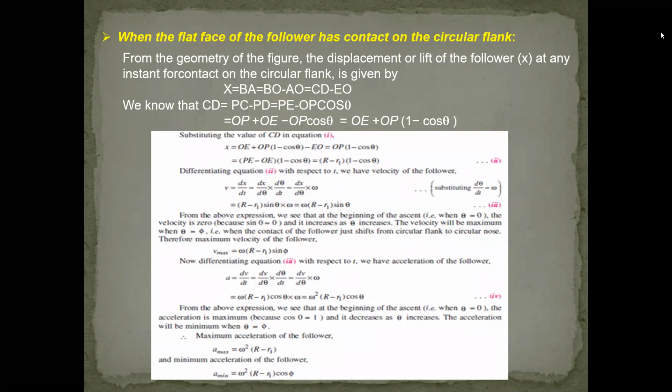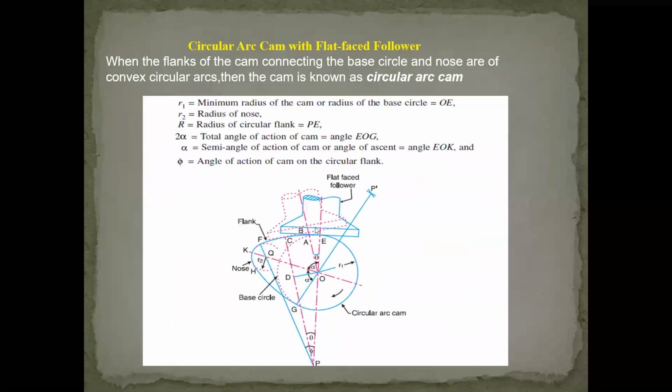That is the displacement of the follower. X equals to BA. You will see that the first position is the contact with A, and the second position is B here.